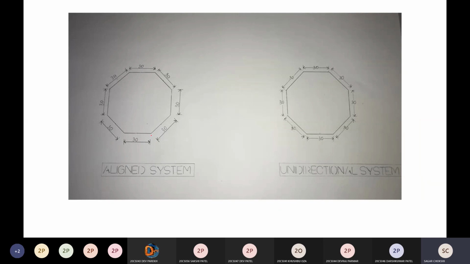Now in this question, the extension line must be from here for all the dimensions. Then this is your continuous thick line, so make it dark. Other lines are thin.